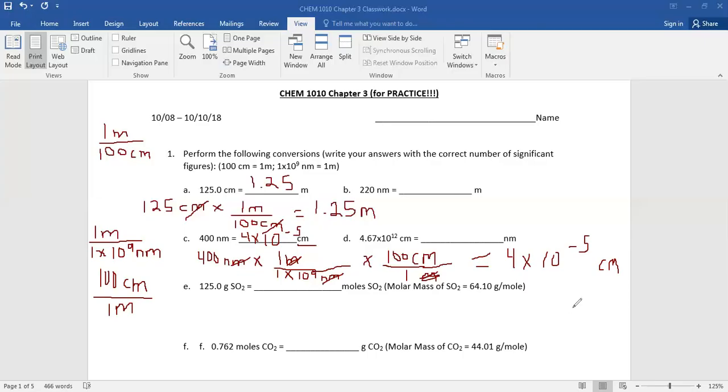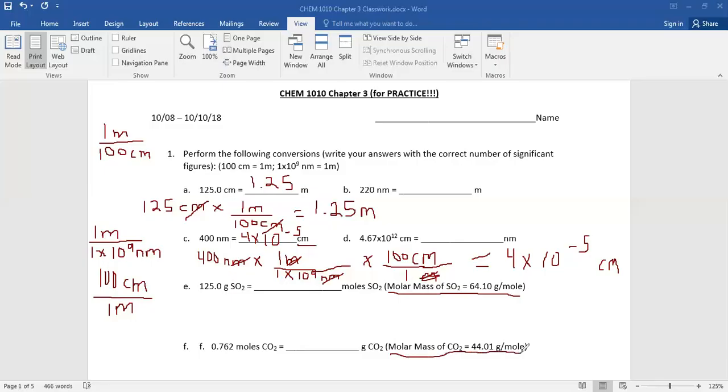Parts E and F require conversion from grams to moles for part E, and then for part F, from moles to grams, which is the opposite type of conversion. And so for each of these parts E and F, you're given what's called the molar mass for the compound in question.